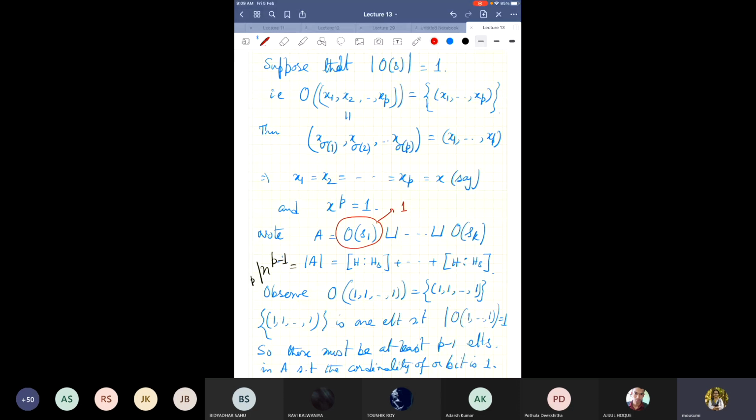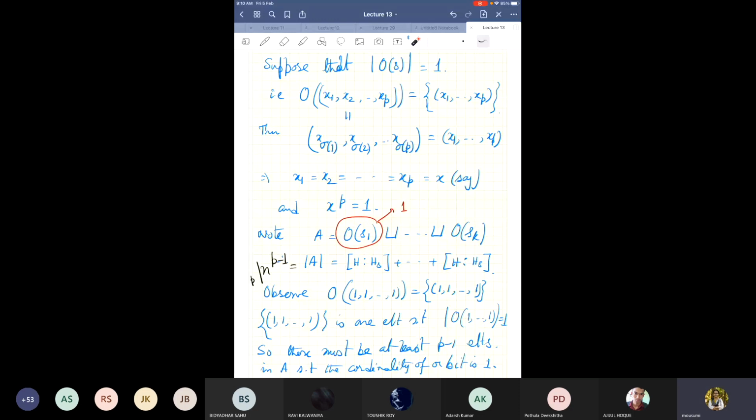Now, what is the cardinality of A? The cardinality of A was n to the power p minus 1, and p divides this, as I have already seen. Now, suppose the cardinality of all the other orbits is p. Then what will I get? The cardinality of A is 1 plus p plus p plus p plus p, isn't it? Now, p divides the cardinality of A, so P should divide this side also.